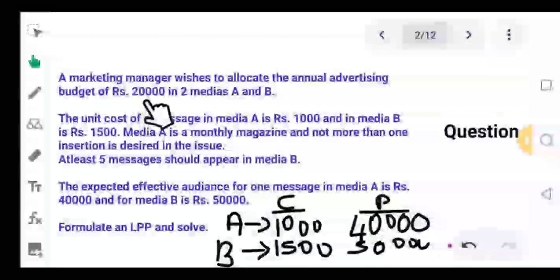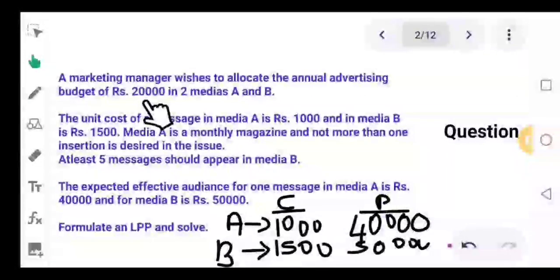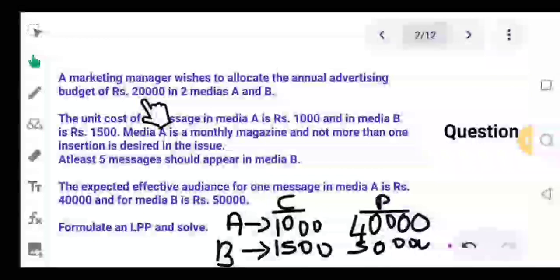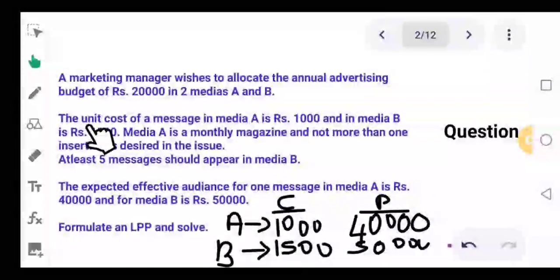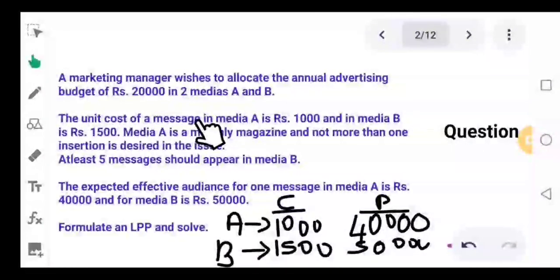It should not cross 20,000 at any cost, because that is the budget being provided to you. So this has to be kept in mind. And the next thing we are told is the unit cost of a message. The cost per message in magazine A is 1,000. The cost per message in magazine B is 1,500. So this is one constraint with regard to cost.